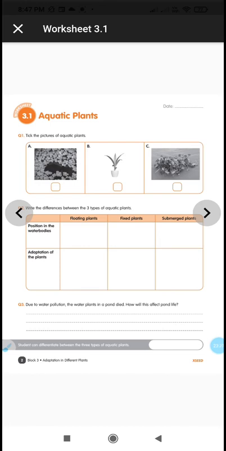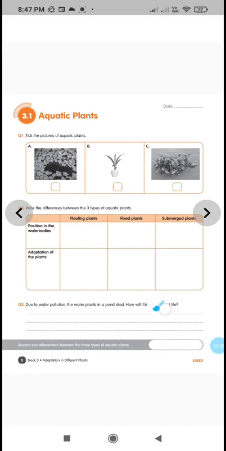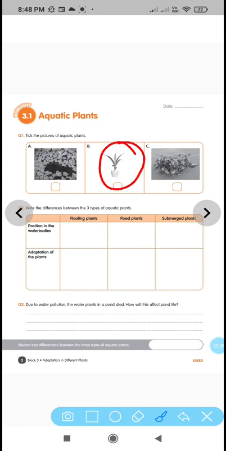So is it an aquatic plant? No, not at all. It's not an aquatic plant. Why? Because it's in a pot. This is aquatic and this is also floating on the water. Just now we discussed duckweed and water hyacinth. So this is also an aquatic plant.